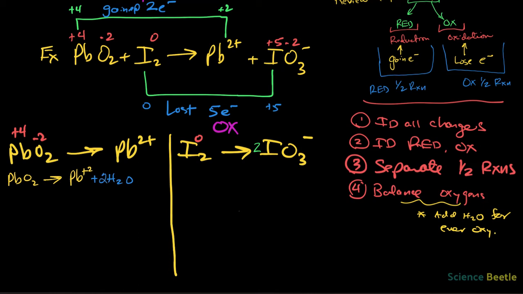Now we're still going to need to deal with the hydrogens, because now that we've got the 2 waters, every water molecule has 2 hydrogens, and there are 2 copies, so there's a total of 4 hydrogens on the right side. So what we need to do here is add 4 hydrogen ions to the left-hand side to balance out.